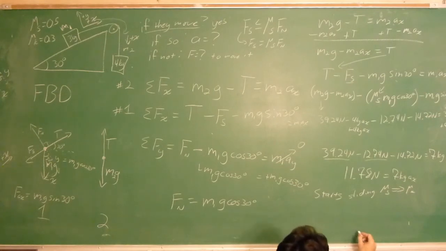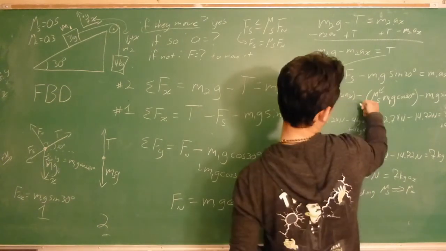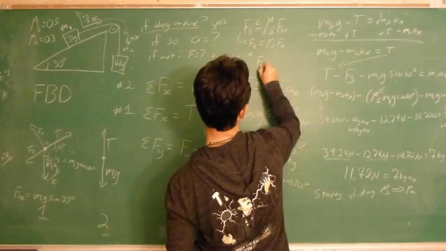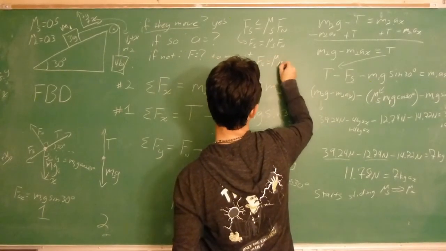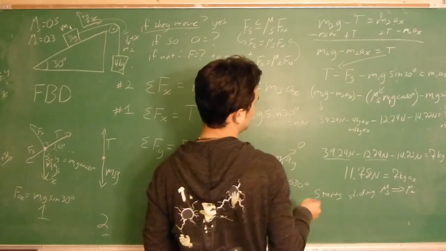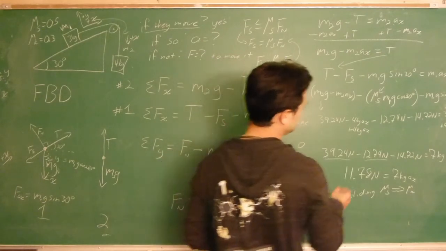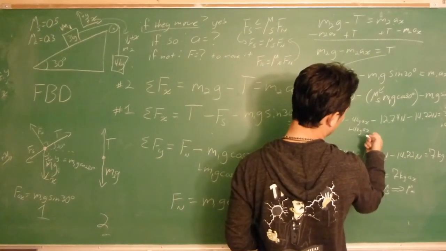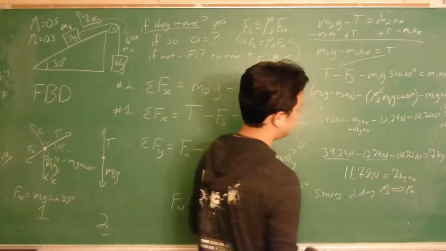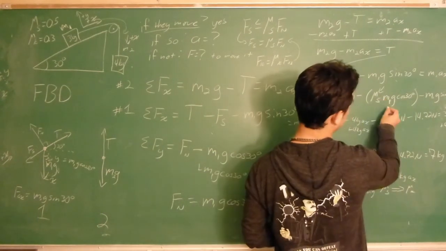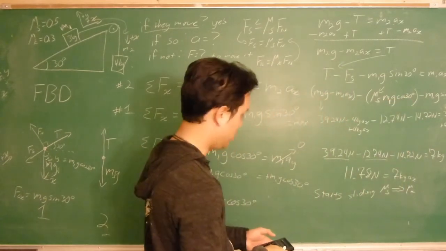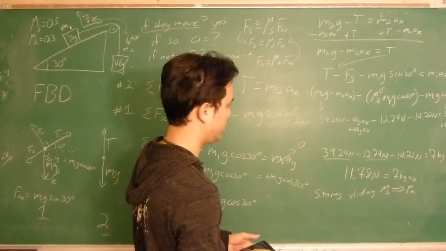Alright, so if I take a look back up here, everything else is the same. My frictional force for that situation is going to be force of kinetic friction equals mu sub K times the normal force. Well, that's pretty identical to what I ended up using up here. So, I'm going to take a look back here, and instead of the 12.7, which was 0.5 times mass of object 1 times gravity times cosine 30, I'm going to plug in 0.3 instead.